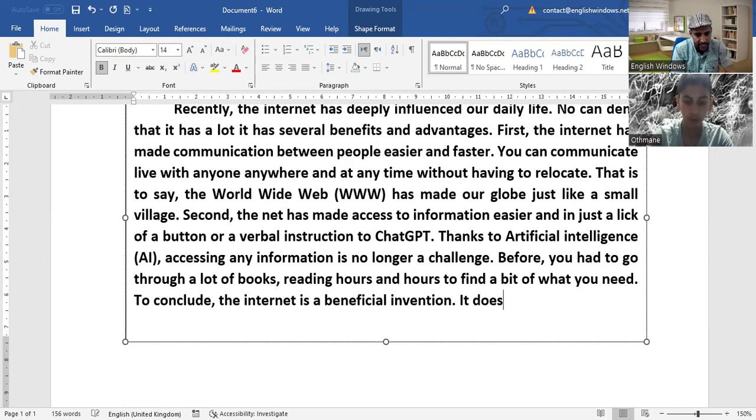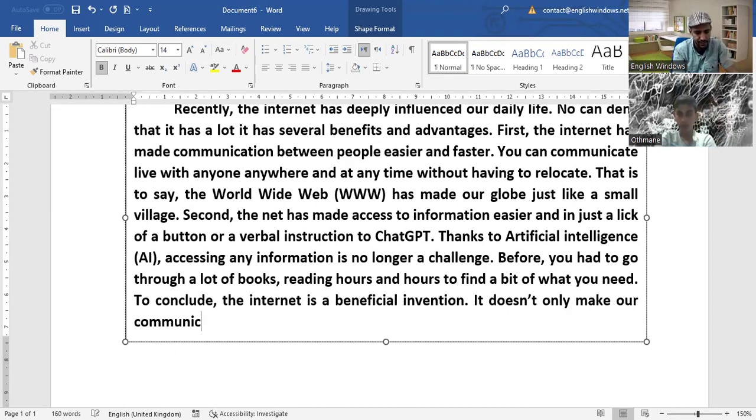It does not only... We can do it this way, with this structure: not only, but as well. It does not only make our communication easier and faster, we put a comma, but it's also, or but it's as well, a big bulk of information.